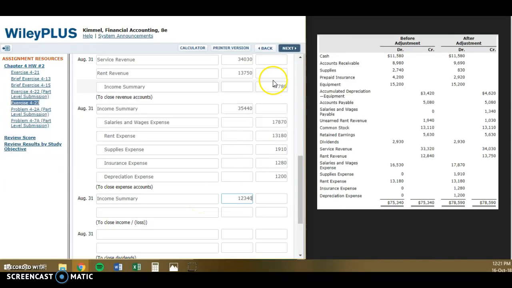And so that cancels out because this one is so much larger. When you subtract these two, there's still a credit balance of $12,340. So in order to cancel that account, we need to debit that remaining amount. And then we're going to credit retained earnings for the same amount here.